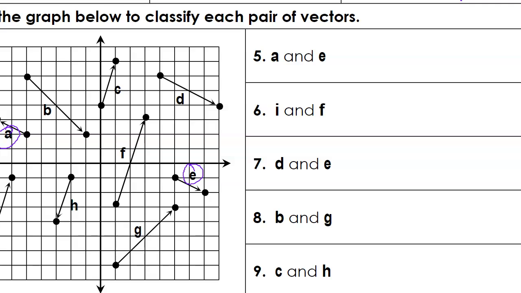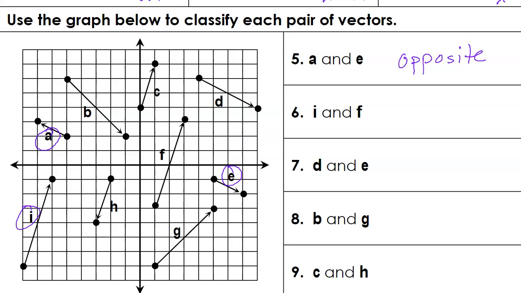They're also going in completely opposite directions. Yes, they're opposite vectors. What about I and F? They're parallel, but yes, they're equivalent because they're going in the same direction. Equal, I meant to say.